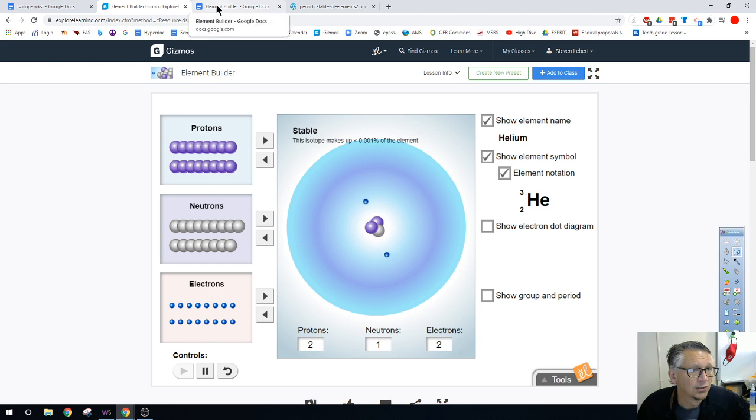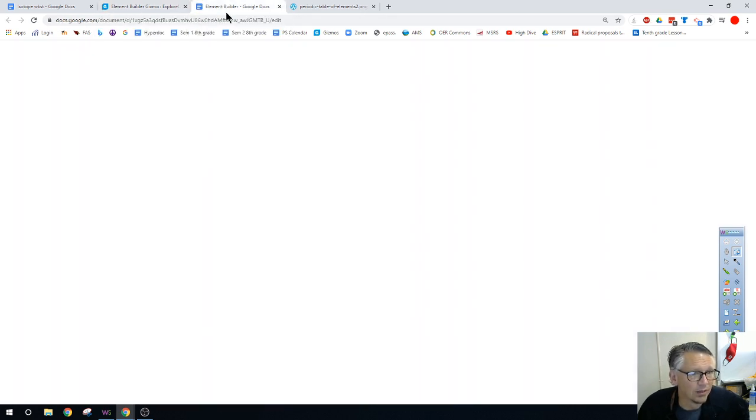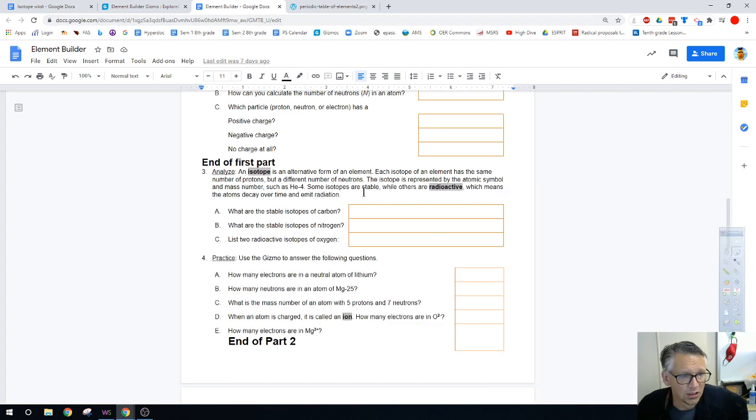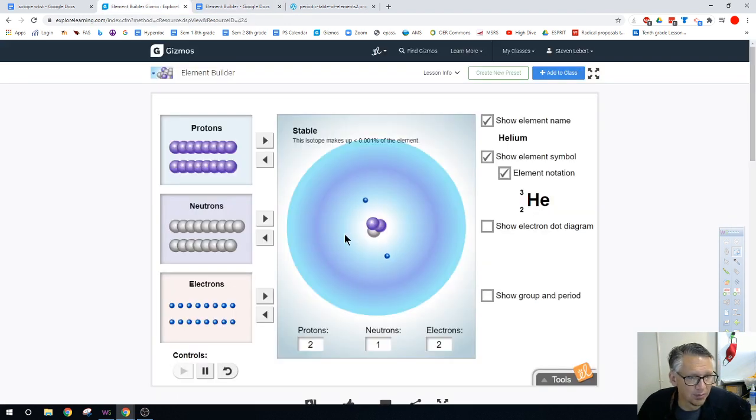If we take a look at our element builder worksheet, I'm not assigning this yet, but to find the stable isotopes of carbon and nitrogen, that's how you'll do it. You'll go into your Gizmos and mess around with the size.